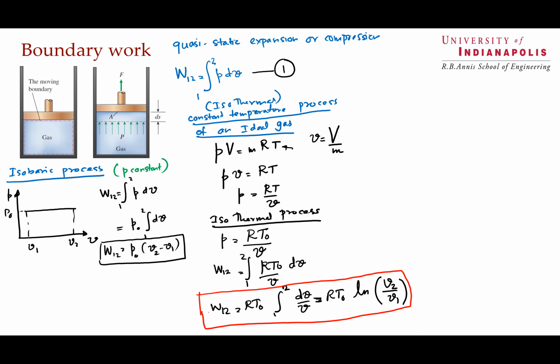Okay. And there's another process that we can discuss, and you also discussed that in Thermo 1, so I'm not going to derive that equation. I'll just show you a few steps. That's for the polytropic process.